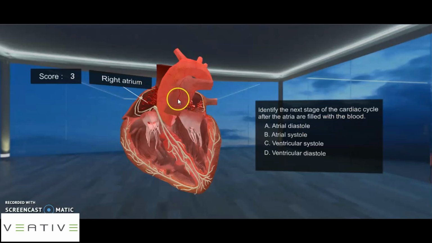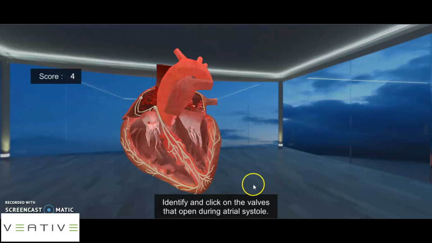When the atria fill with blood, the atria will contract, which is correct, the atrial systole. You get your fourth score. Next, identify and click on the valve that opens during atrial systole.